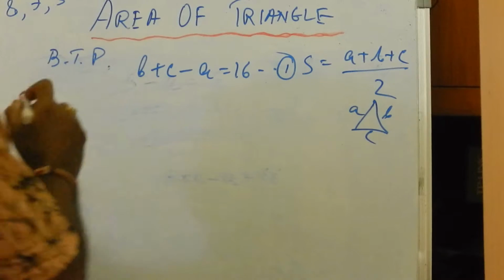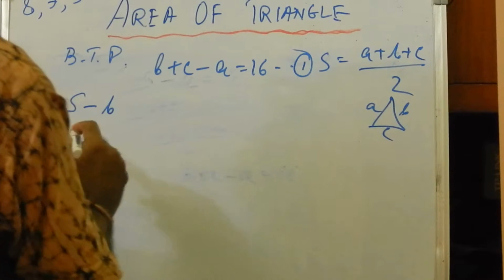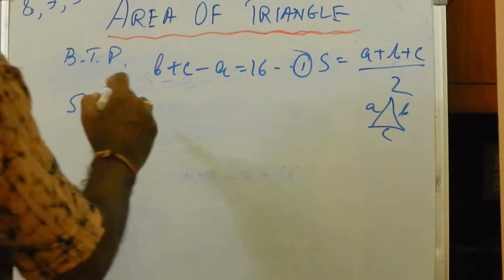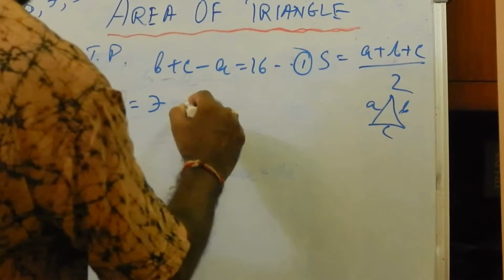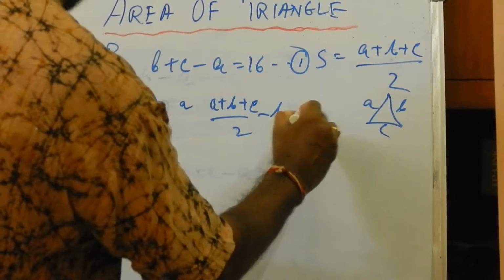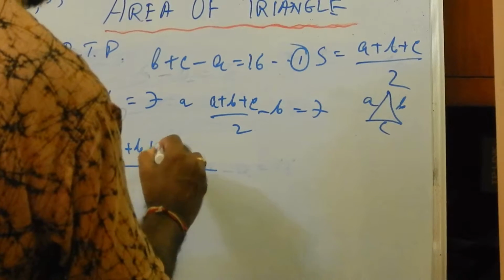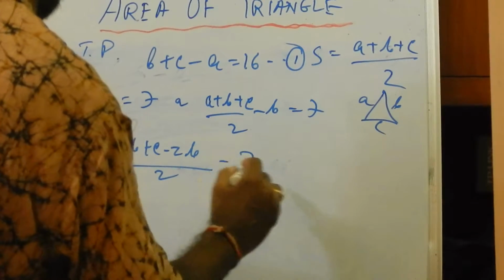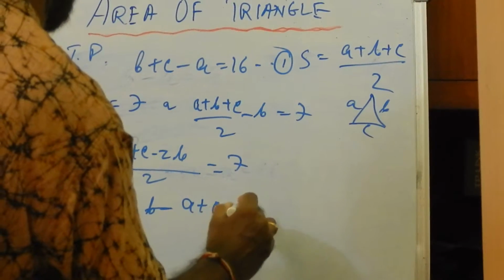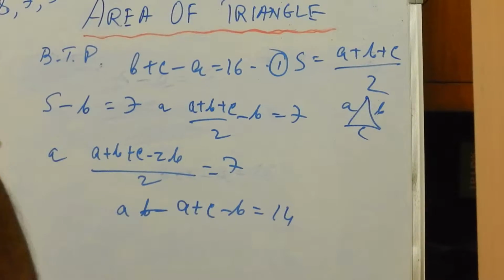Similarly, for the second one, S minus b, the semi-perimeter minus the side itself, equals 7, or a plus b plus c by 2 minus b equals 7, or a plus b plus c minus 2b equals 14, or a plus c minus b equals 14.